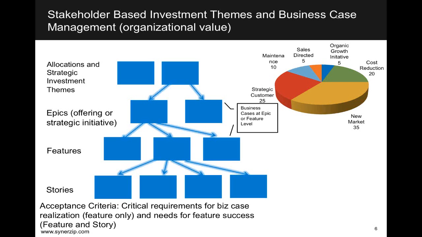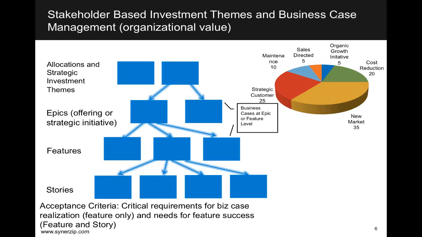I've got a little straw man here in the upper right-hand side of this slide to give you some thoughts around that. So for example, your marketing organization may have some strategic new market that they think the organization needs to be penetrating, maybe a new vertical that you're going to be attacking.